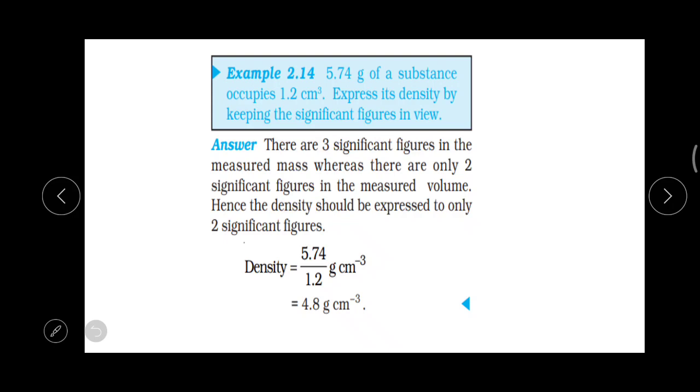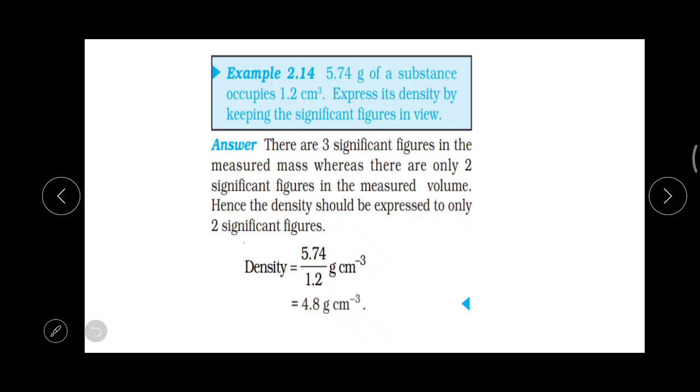In multiplication or division, the resultant value should have a number of significant figures equal to that of the individual value with the least number of significant figures. Here, 5.74 has 3 and 1.2 has 2.